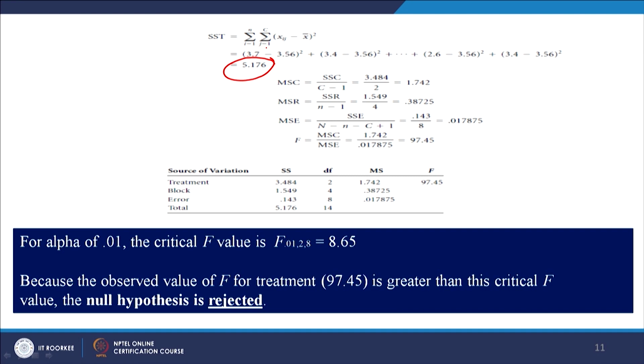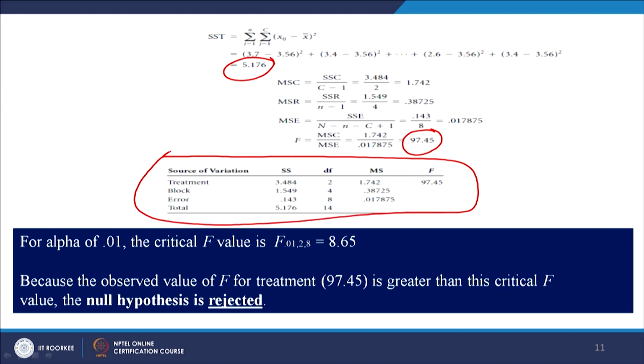5.176, right. Now, let us find out what is the value of f, which is 97.45. This is output from this ANOVA table, right, ANOVA output table. So, f is 97.45, it is much higher than value 1, right.